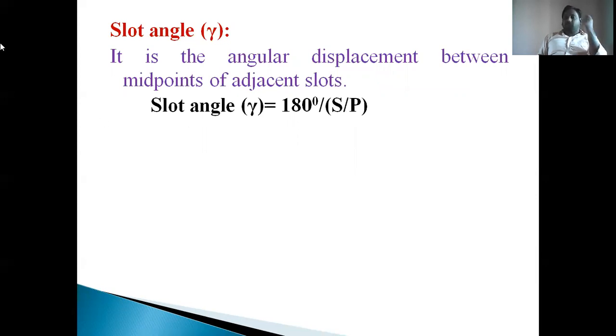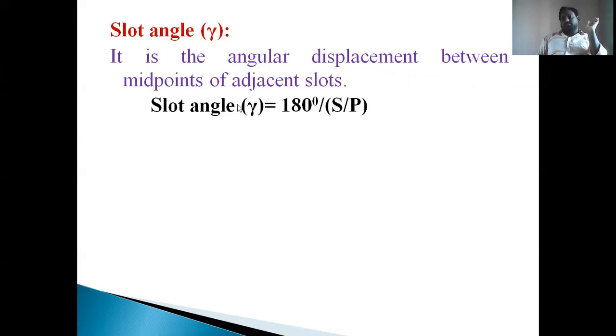For example, if the machine, the armature, is having 20 slots and the number of poles is 4, the slot angle is 180 degrees divided by the number of slots per pole, that is 20 by 4, which is 5. So 180 by 5 gives 36. Slot angle is 36 degrees. Like that we have to calculate 180 degrees by number of slots per pole.